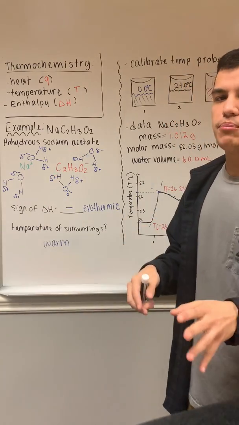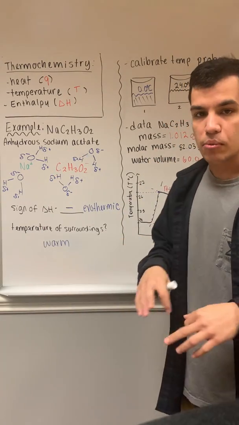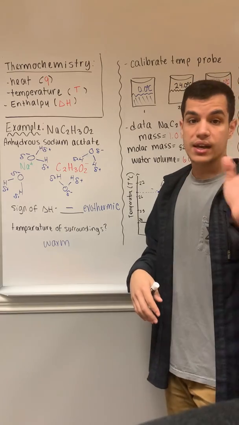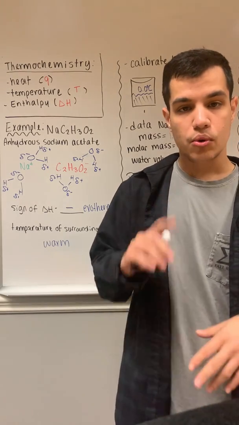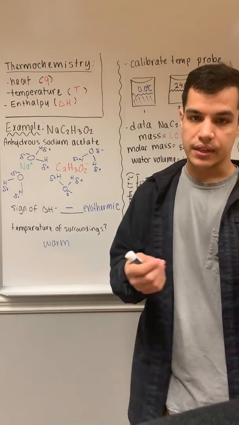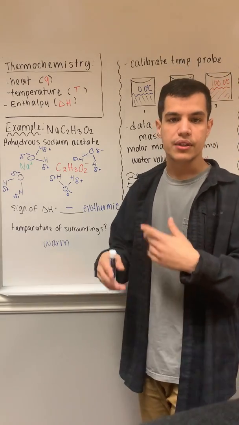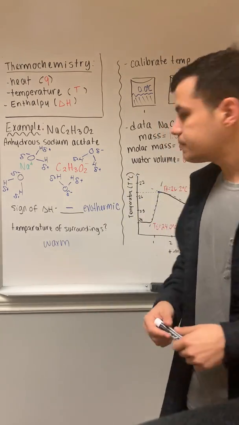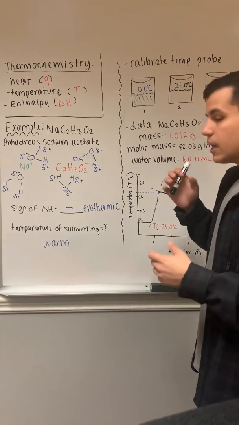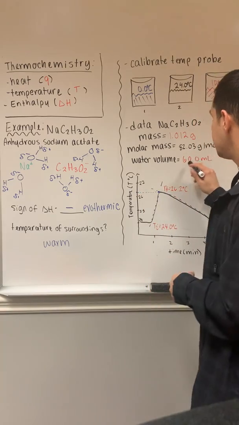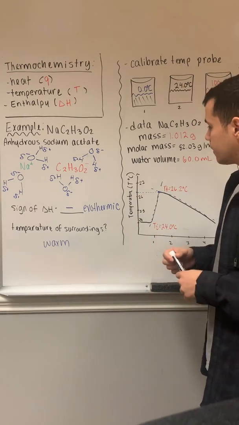So that's why I looked up my molar mass of sodium acetate. If you have to do that, you can type on Google molar mass of calcium chloride, and it'll give it to you, and that way you can use it to do your mole calculation.